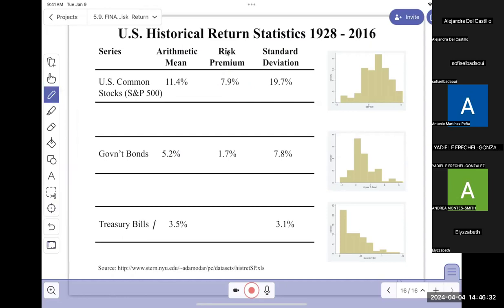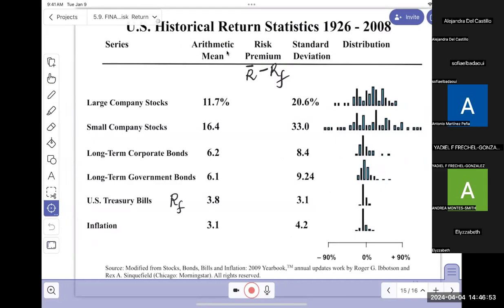I called T-bills risk-free. I call these R market. I put a bar here, and I calculate R market minus RF to get 7.9%. And I can do the same thing for the bonds, and I can do the same thing for all of these.